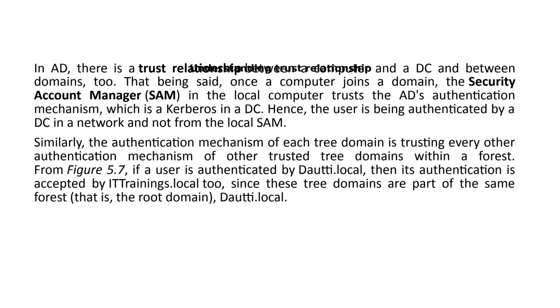Once you join the domain, you put the username and password identified in the network, like here for our college. And once you do that, you are trusted also by your local computer. You log in through the server, but your computer also trusts you. This authentication is called SAM, Security Account Manager.